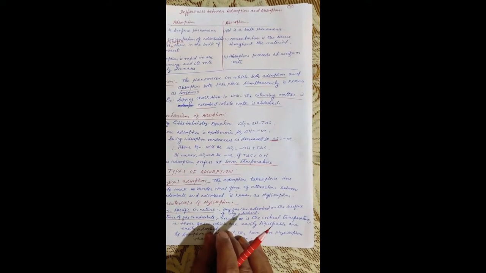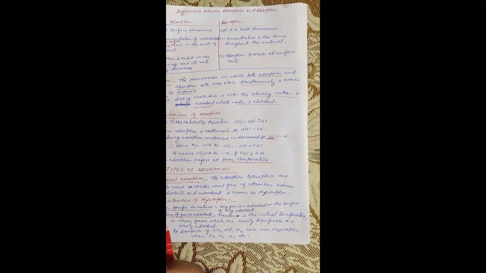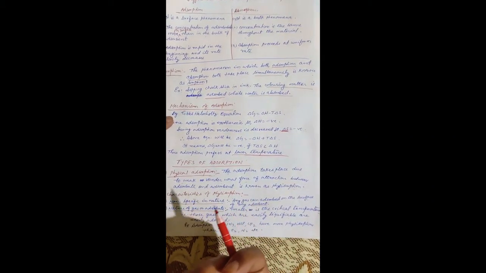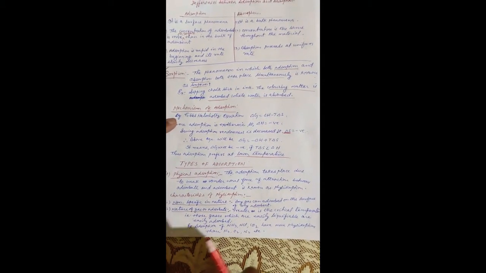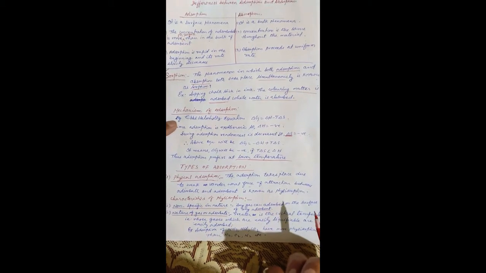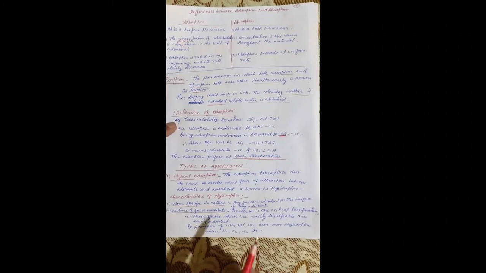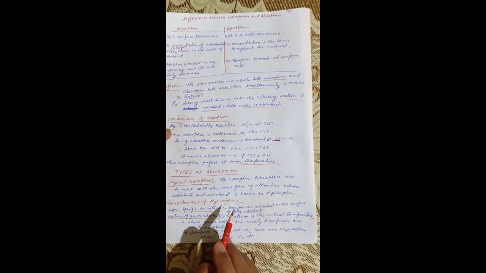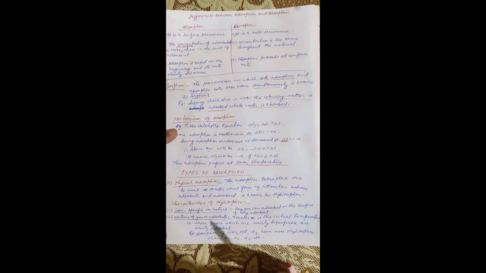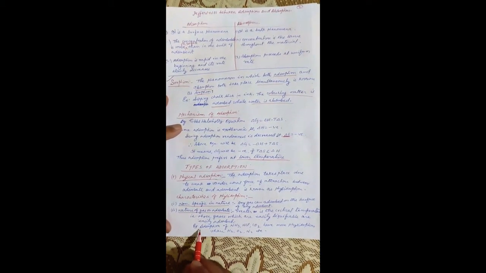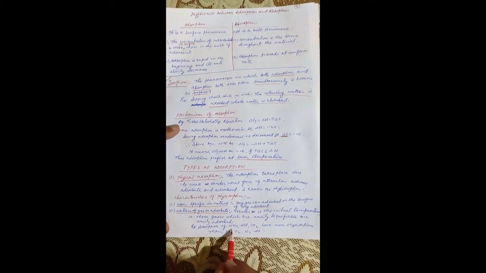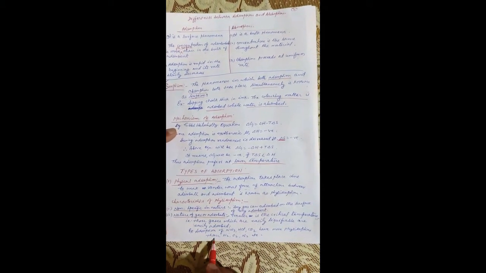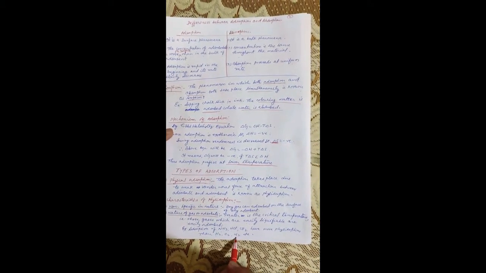Those gases which have large molecular size and more intermolecular force of attraction. They have more van der Waals force of attraction. So those gases are easily liquefiable. And if the gas is easily liquefiable, then it has more physisorption than the gases which are not easily liquefiable. Now look at the example. Adsorption of NH3, HCl, CO2, etc. have more physisorption than H2, O2, N2, etc.